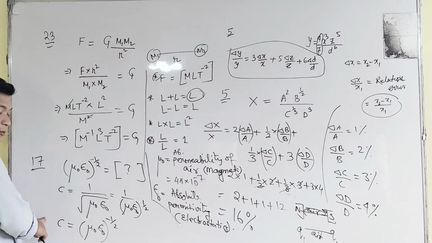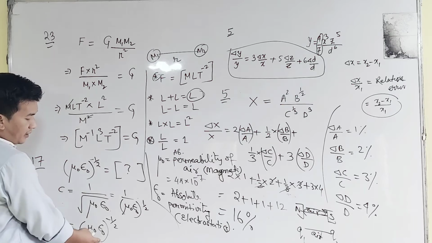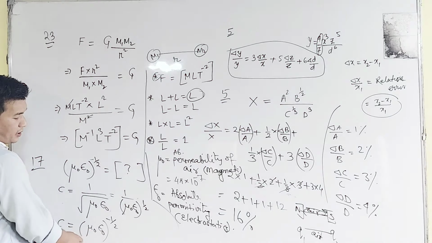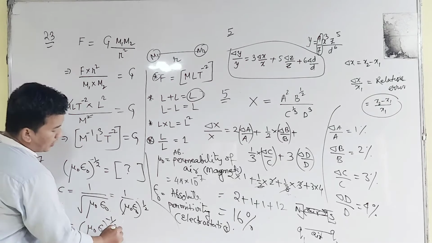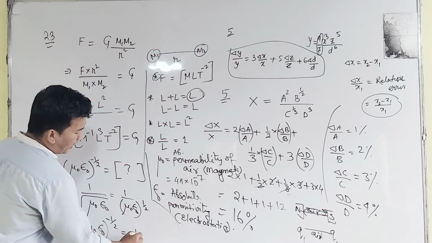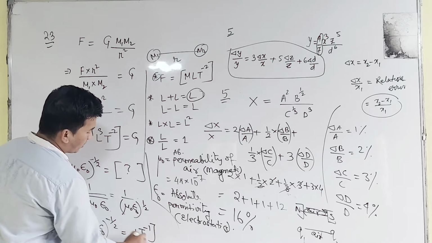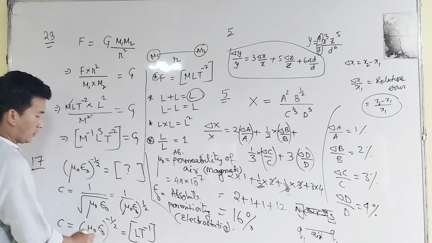On the left hand side we have speed, and on the right hand side the unknown parameter must also be equal to speed, and speed is L T inverse. This is the way to calculate.